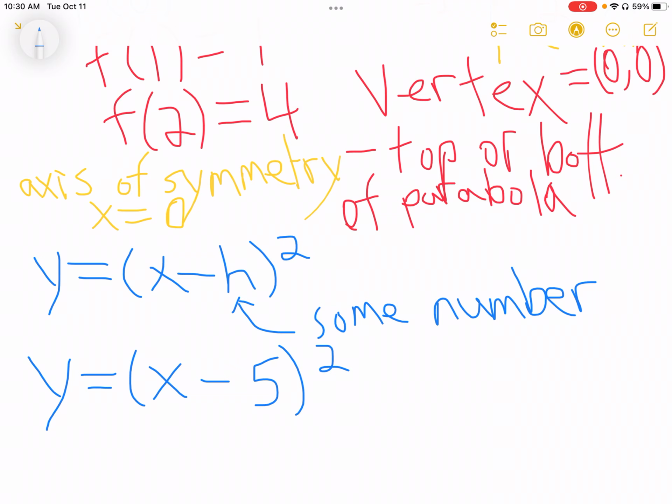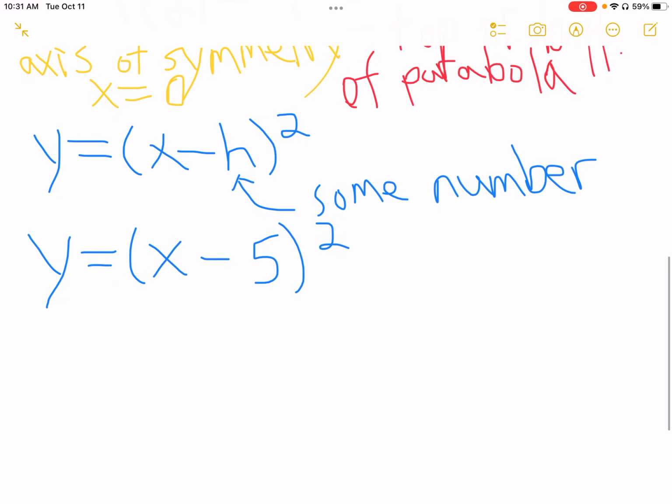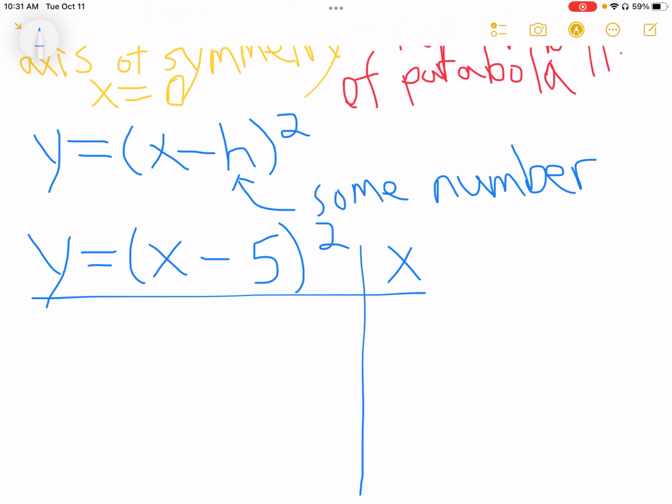Okay. Then I could make a table and I could graph it, right? So, for example, let's put some x values, and I'm going to make my table a little bit different here, and put it next to this right here. That's my y value, this is my x value.